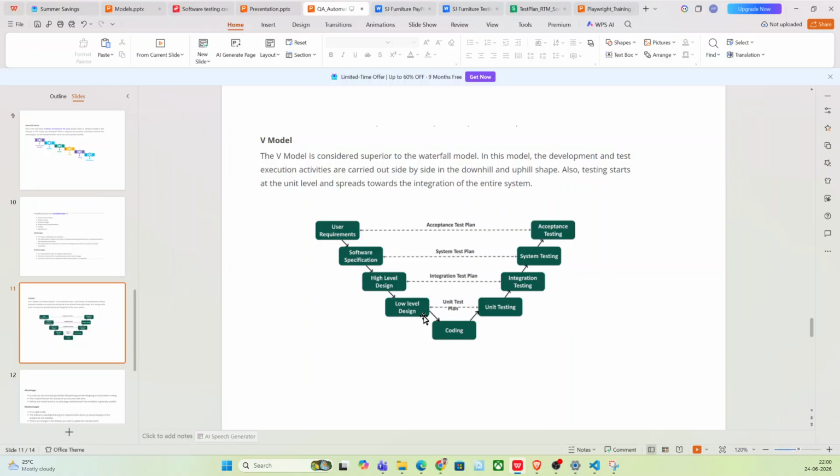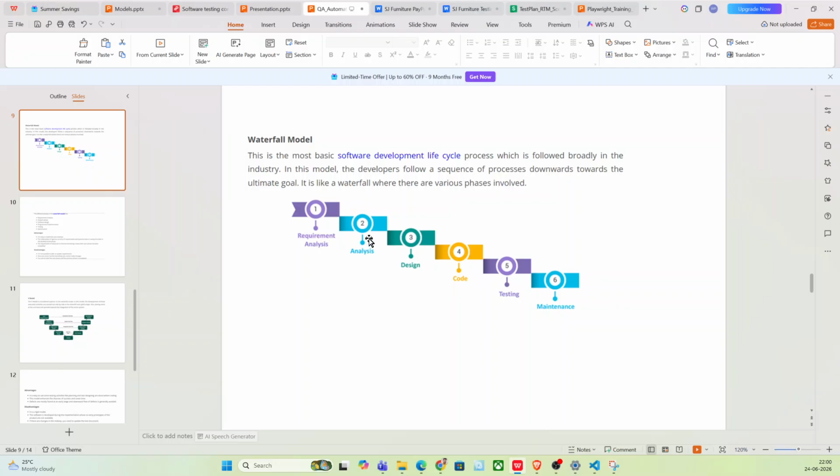Okay, once they reach the coding phase, in parallel the QA team will start executing the test cases they have written so far, like the manual testing process, once the coding part is complete. But in the other model, after the first four stages are completed, at the fifth stage the QA team comes into the picture.